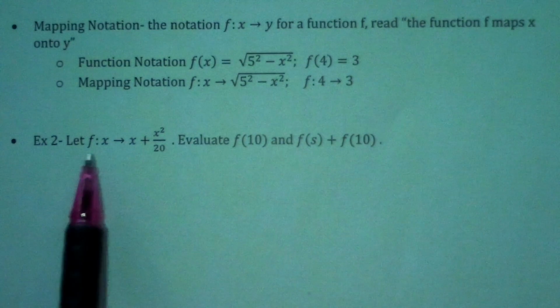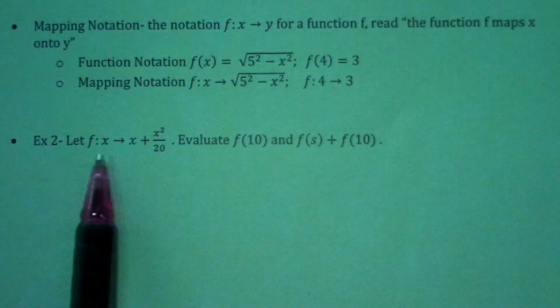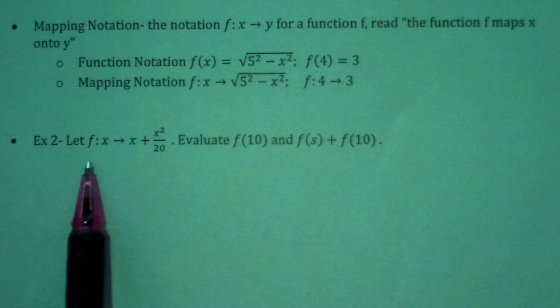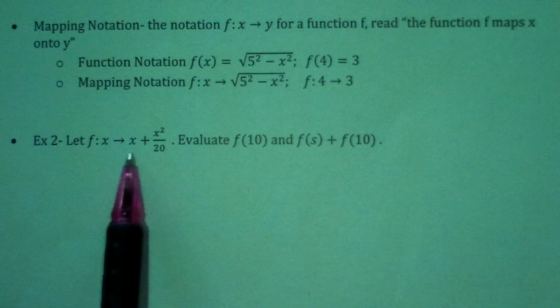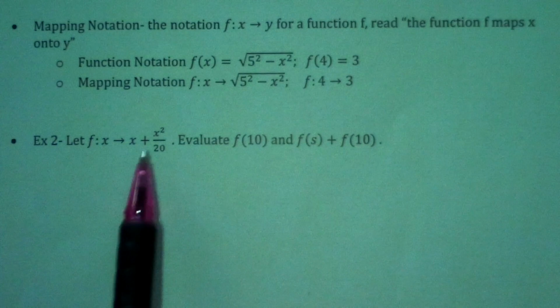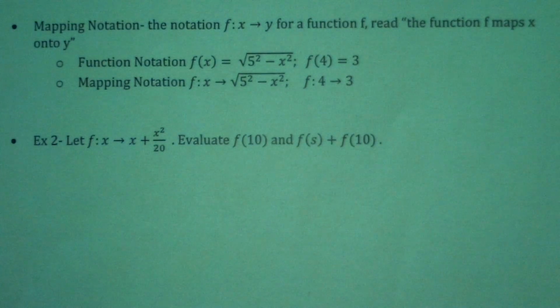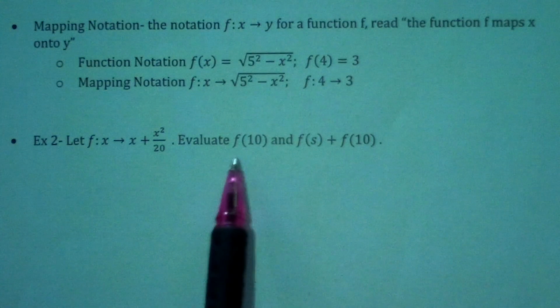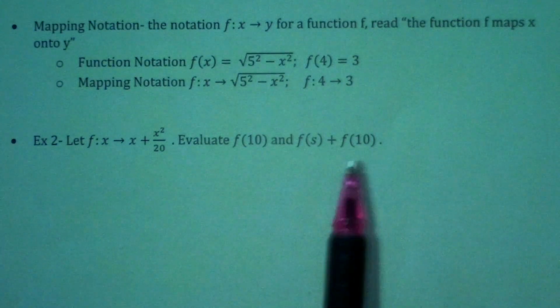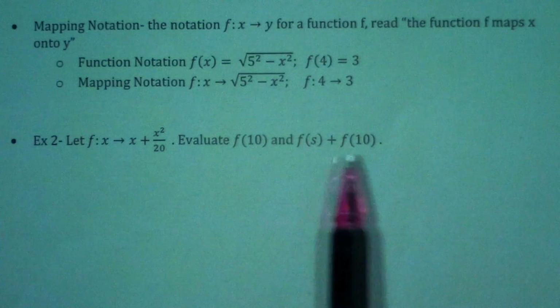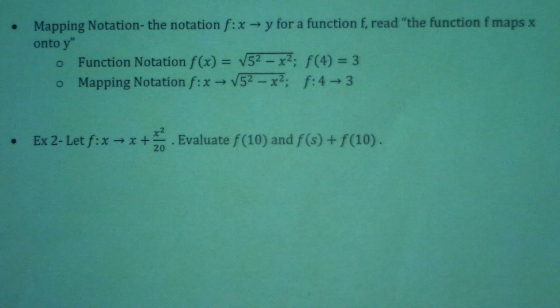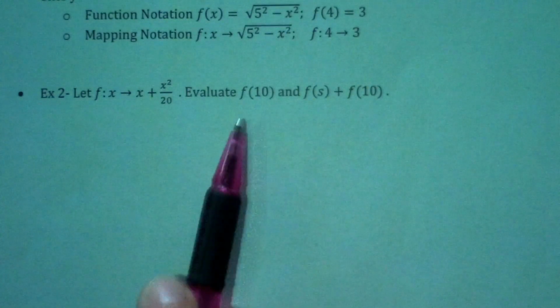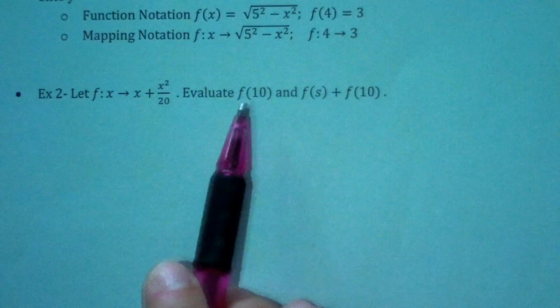And again, this side doesn't really mean anything to us. That's just our notation. We're just solving this side. So if I'm solving this side, what do I have to do first? The squared, right? So I'm going to take 10 and square it, which is 100. Put it underneath here. So I'm going to go 10 plus 100 over 20.